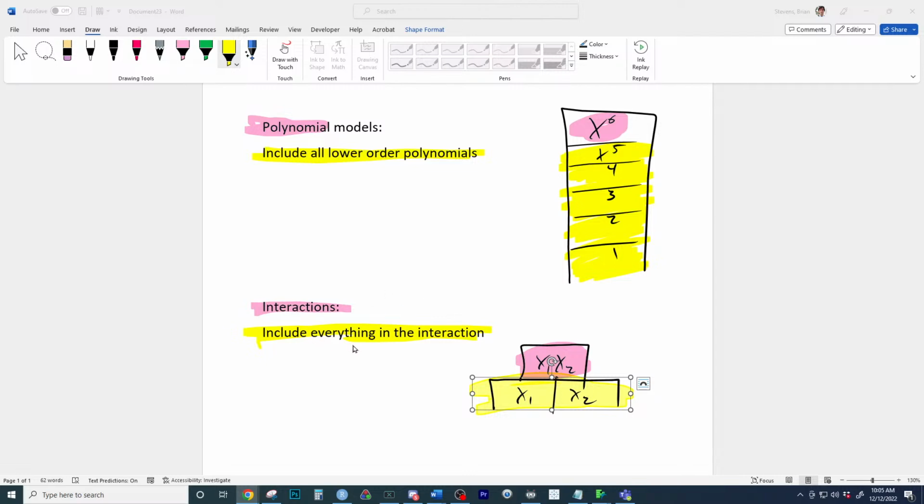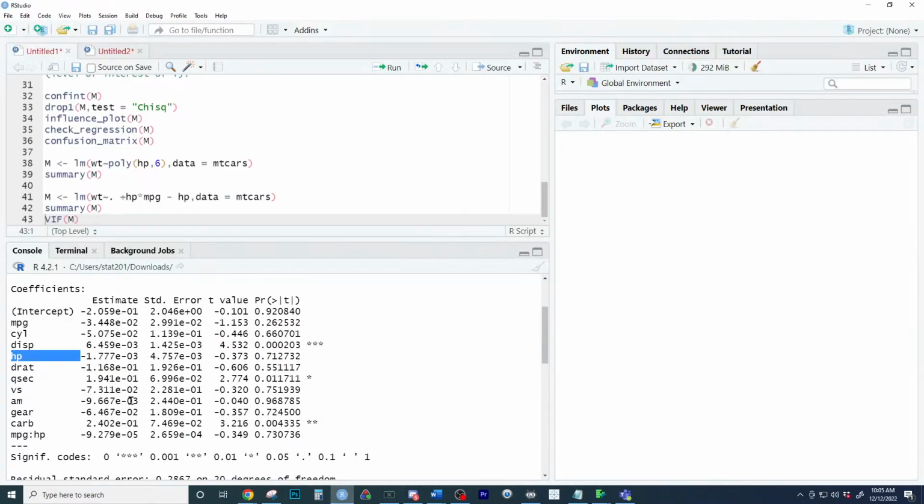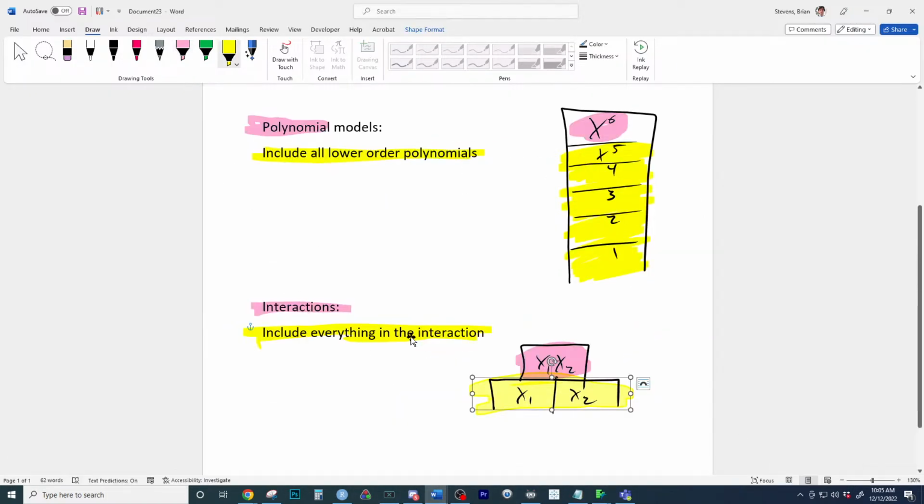So if we have an interaction, then the lower order terms need to be included. And so if you look right here, we have a miles per gallon horsepower interaction. There's the interaction. And then right here, yeah, that's exactly it. Because if you have an interaction, interactions include everything in the interaction as their own variable.